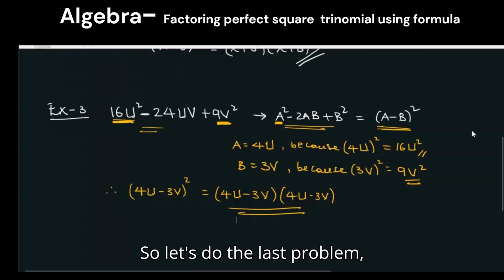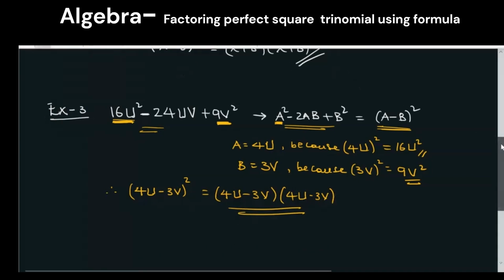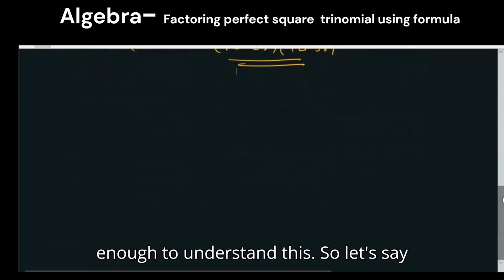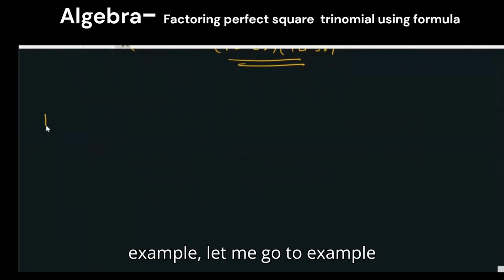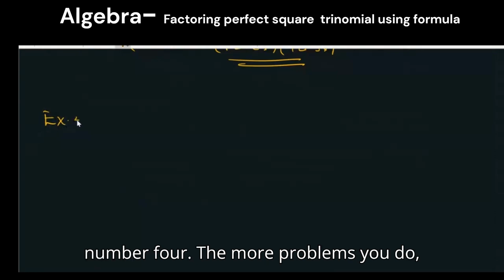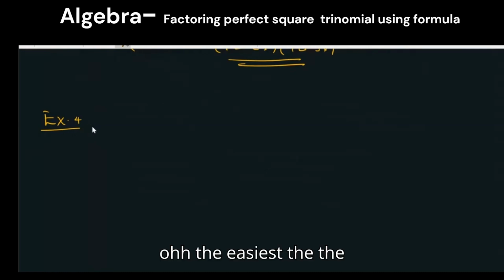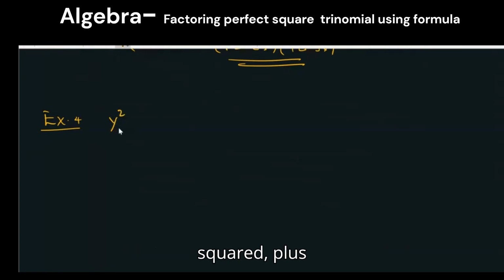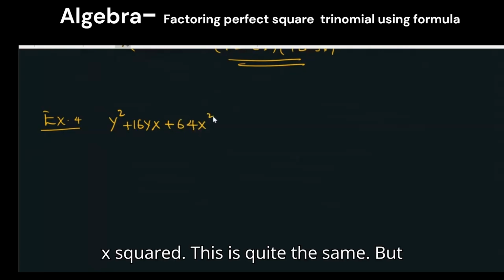Okay, so let's do the last problem, and that will be enough to understand this. Let me go to example number 4. The more problems you do, the easier the problems will become. So y squared plus 16xy plus 64x squared.